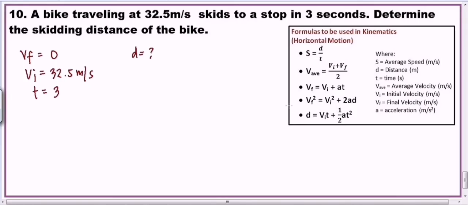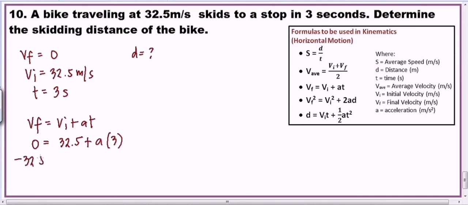So hindi na ulit natin mahanap yung D kasi wala na naman tayong A. So kunin muna natin yung A using VF equals VI plus AT. So VF is 0 equals VI is 32.5. Pareho ba ito? Yes, seconds. 32.5 plus A times time na 3. So ibabawas si 32.5, that would be negative 32.5 equals 3A.